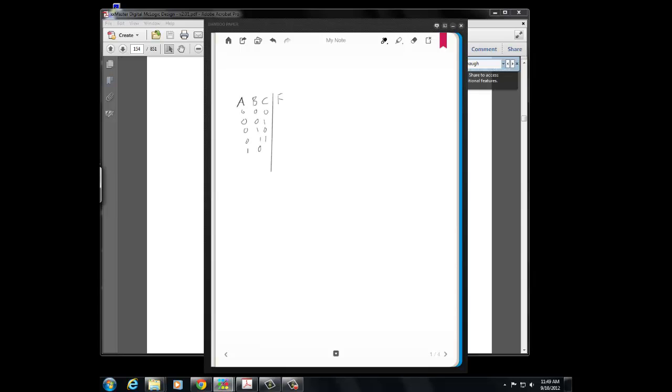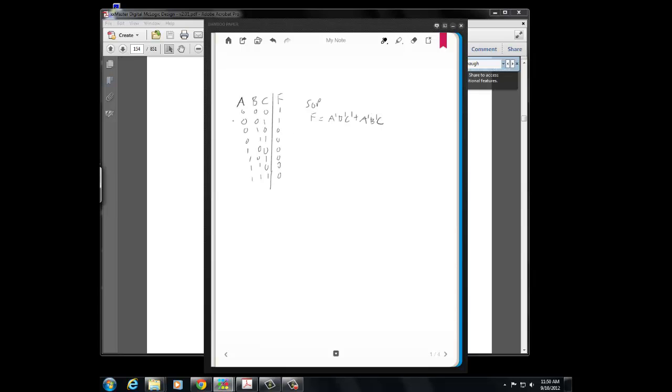And in this example, I'm just going to say that the first two input combinations give me a 1 output. So as we learned before, for this circuit in SOP form, we could say F is equal to A naught, B naught, C naught, or A naught, B naught, C.